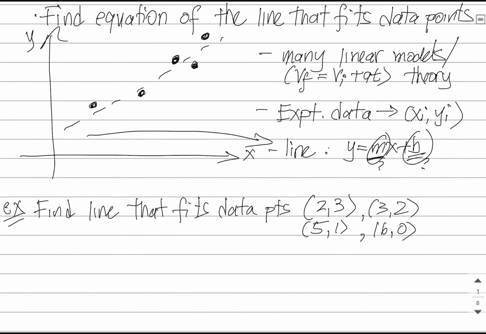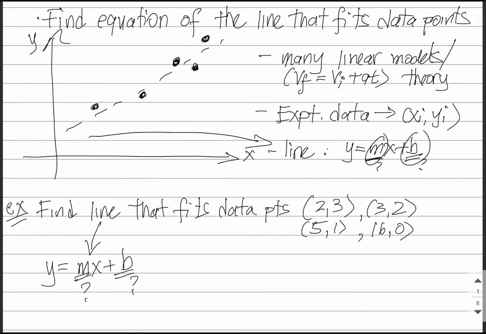So as an example of that, here's a very simple situation. Let's talk about the line that fits these data points, 2, 3, 3, 2, etc. So the idea here is that we need to come up with this linear equation with two unknowns, a slope and a y-intercept.